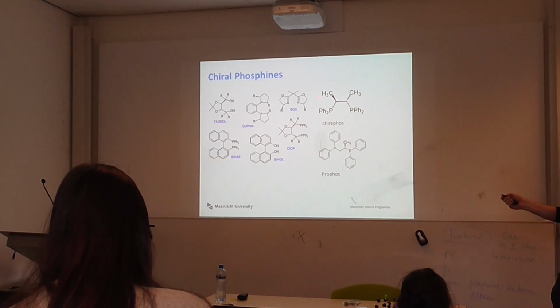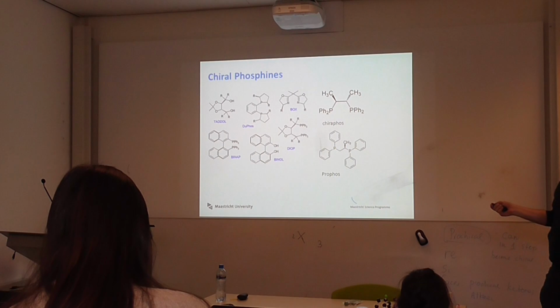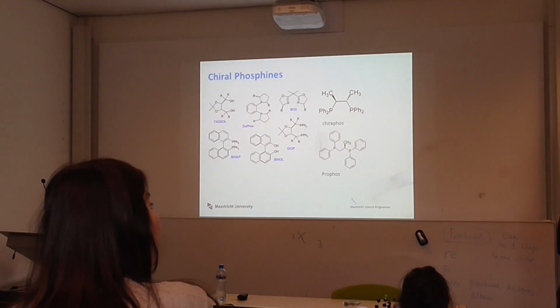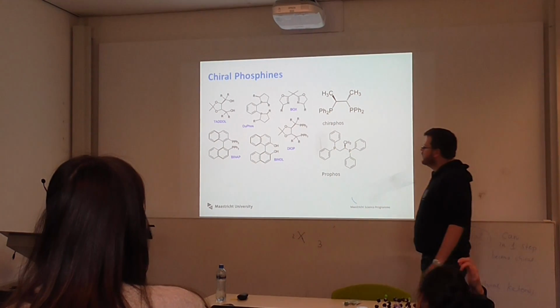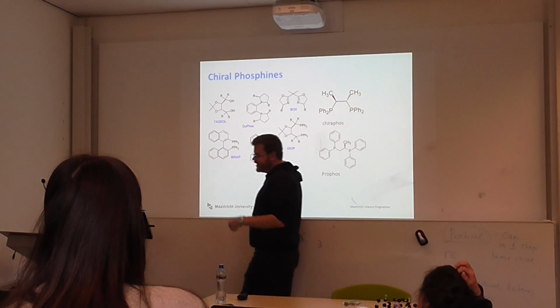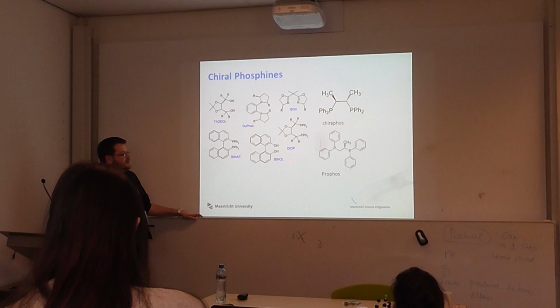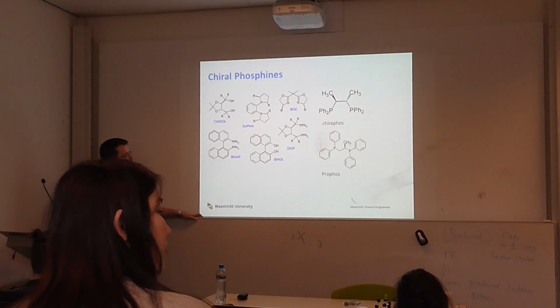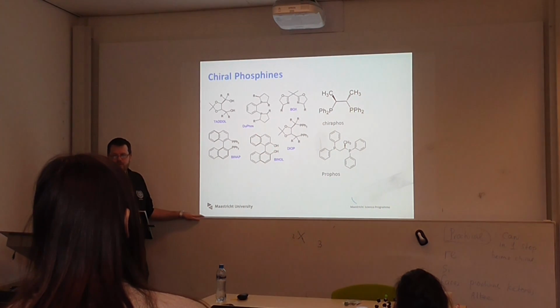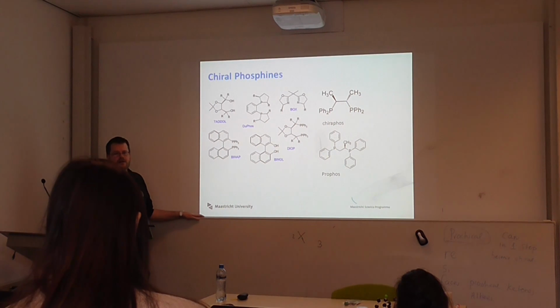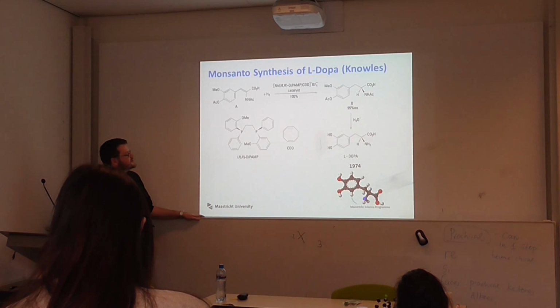These are some classic examples, and they've got funny names: tadol, binat, binol, diol, box, dufos. I don't expect you to memorize structures of these phosphines, but they are used to do asymmetric hydrogenation reactions.